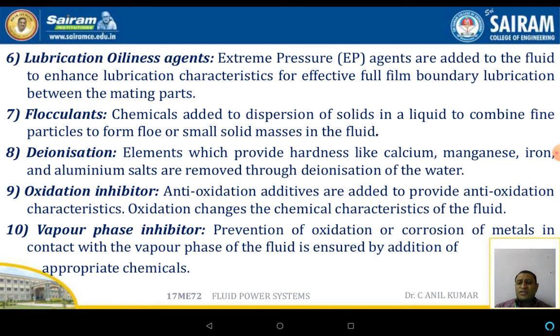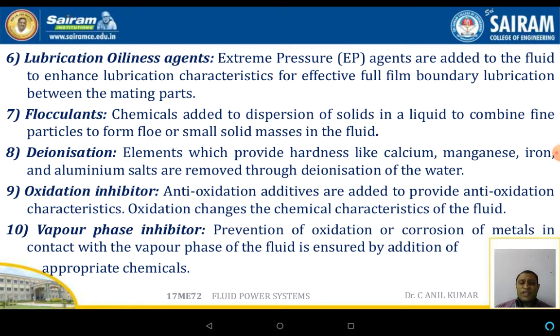The lubrication oiliness agents, extreme pressure agents, are added to the fluid to enhance the lubrication characteristics for effective full film boundary lubrication between the two mating parts. See, why are these lubrication oiliness agents required? As we know, the system is working at high temperatures and also high pressures.